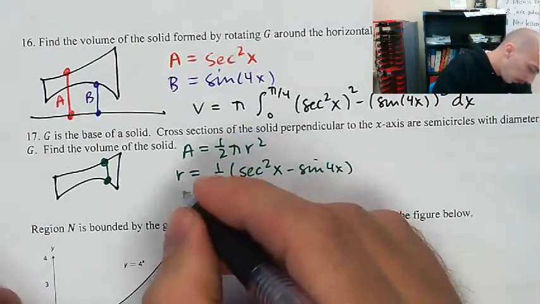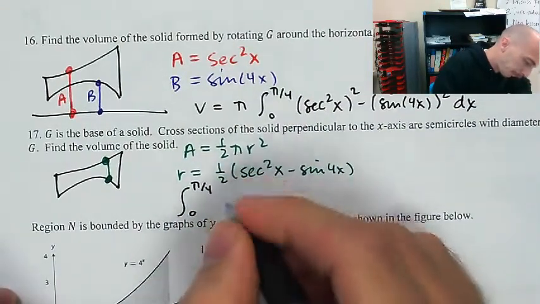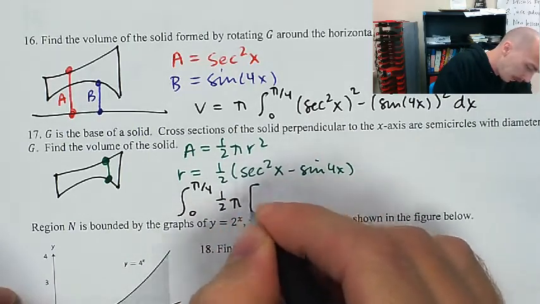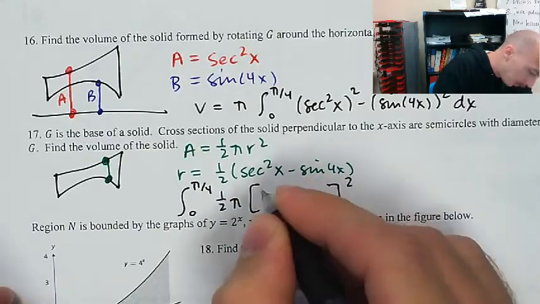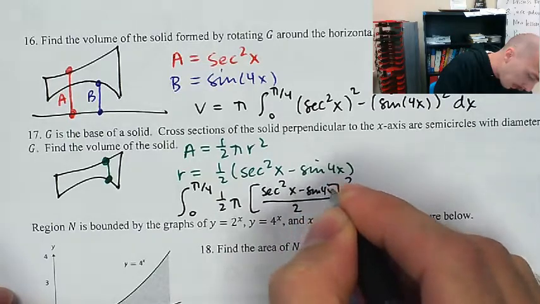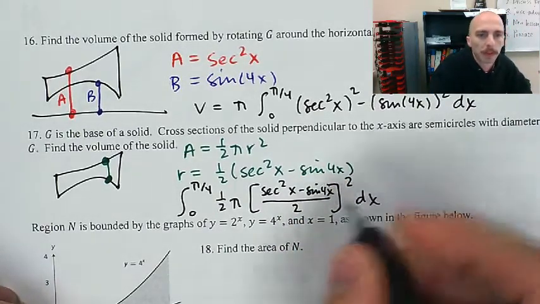This is another one that I'm just going to set up and not evaluate. That would be 1/2 pi radius squared. To write the radius, I'm going to divide the whole thing by 2: secant squared x minus sine of 4x. And then that's what we're going to integrate with respect to x.